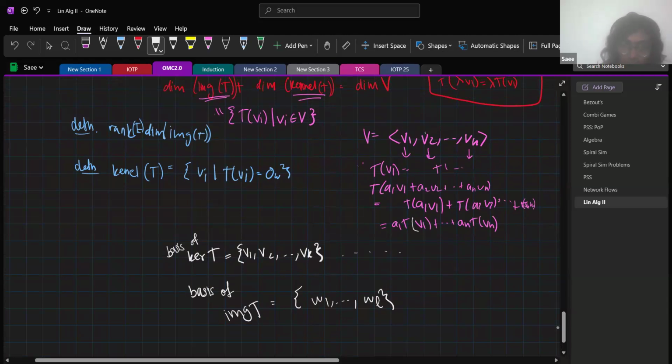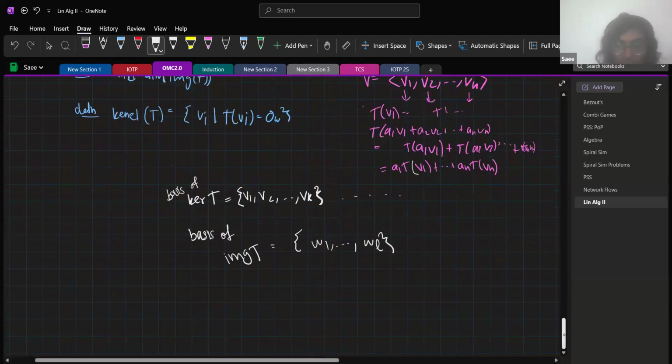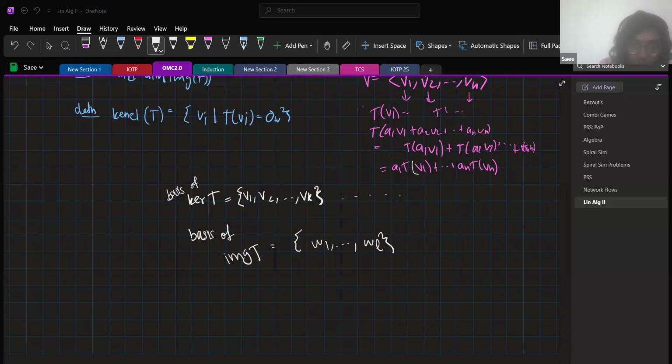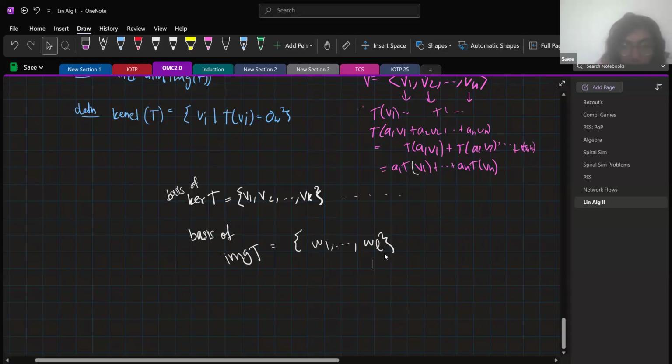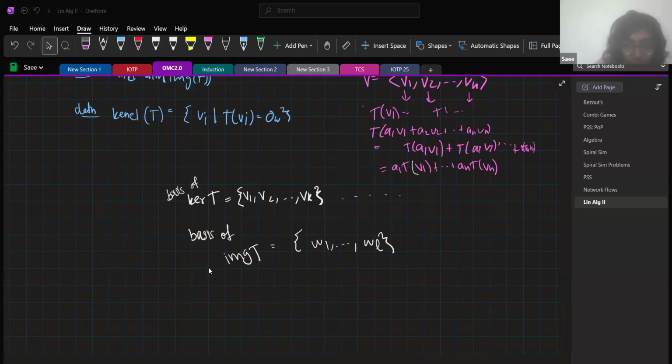Now I want to show that the dimension of V is K plus L. How do we do that? We can't use these exact vectors, right? No, because W1 to WL are vectors from the image of T, meaning they're from W, and these Vi's are from V.